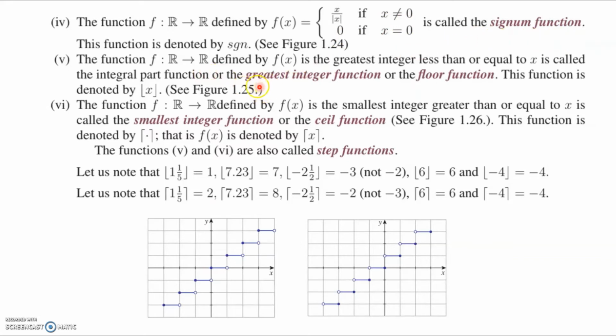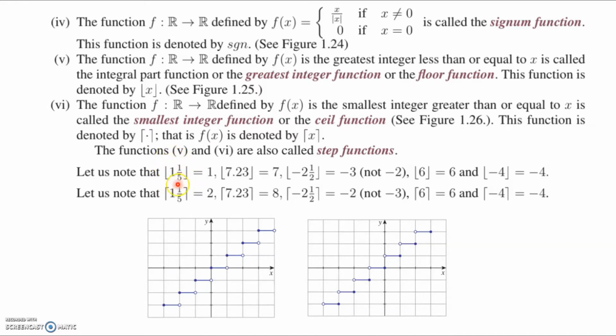Next, let's see what is a greatest integer function or a floor function. So this is the greatest integer function. If it has the bar, the opening bracket and closing bracket in this form, you have to take the greatest integer which is less than or equal to the given number.